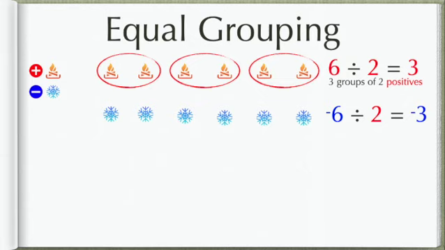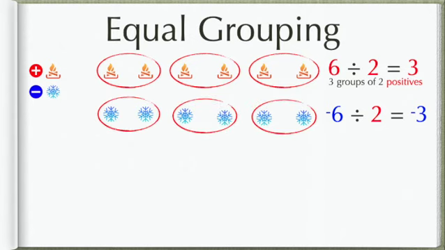You start out with 6 negatives. You divide them into 3 groups of 2. These are positive groups, and the positive groups don't change what's inside them, so it stays negatives. So you have 3 groups of 2 negatives, making your answer negative because all the groups are negative.